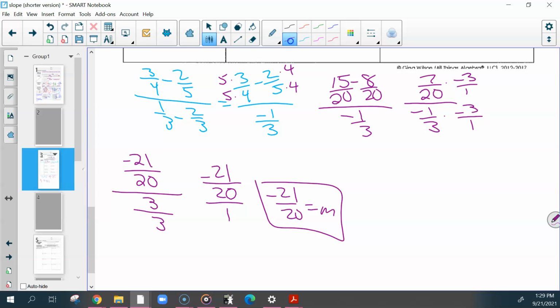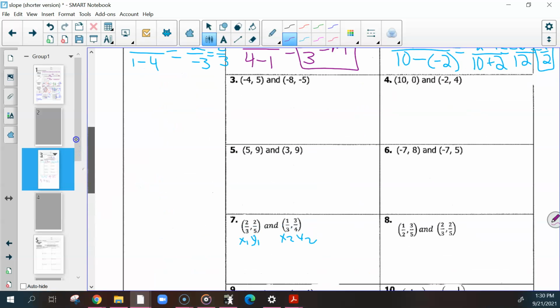So that one has a lot of steps, but the rest of those, like those with fractions, are there to challenge you. Try them if you would like a challenge. I'm going to give you the next 5 to 10 minutes to work on these 4 problems though. 3, 4, 5, and 6.